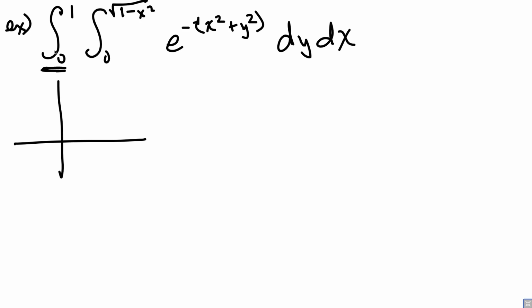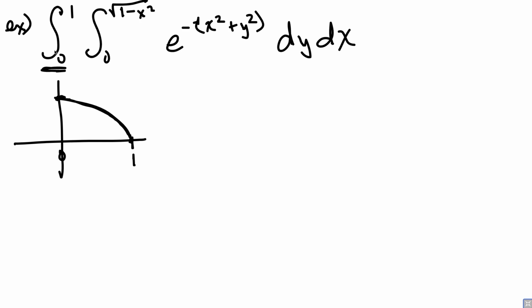X. So x is going to run from 0 to 1. As far as y is concerned, we just plug in the values. When x is 0, y is 1. When x is 1, y is going to be 0. So this is what we're going to get.